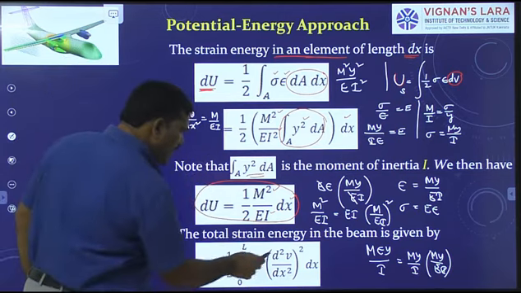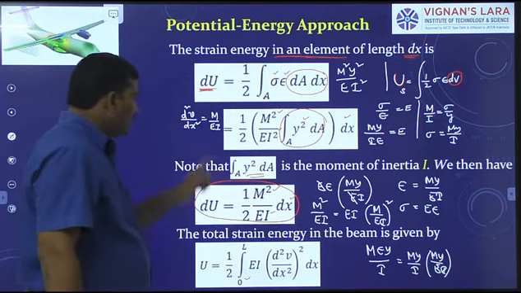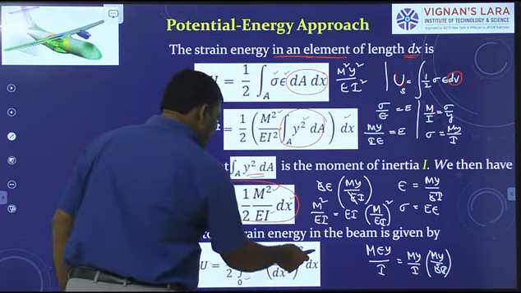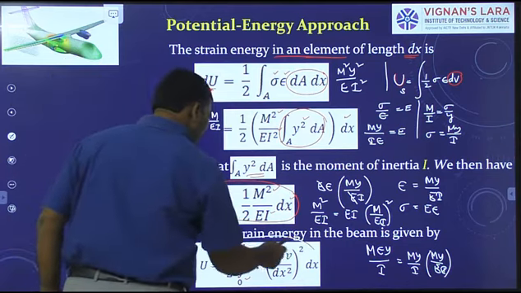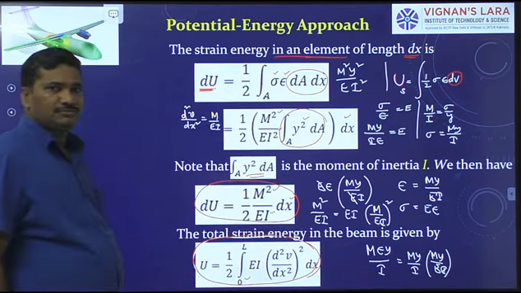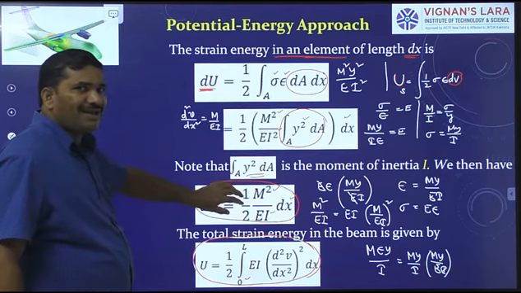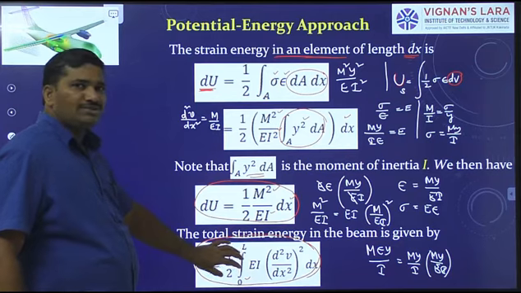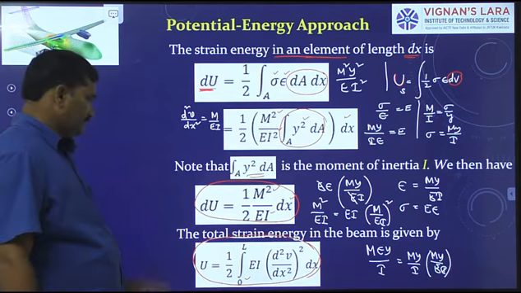Hence, EI into (d square v by dx square) whole square into dx. Remember, this is the expression for determining the strain energy in an element, and this is the expression for the strain energy in an entire beam of length L.